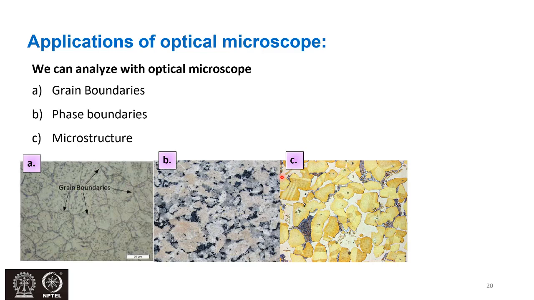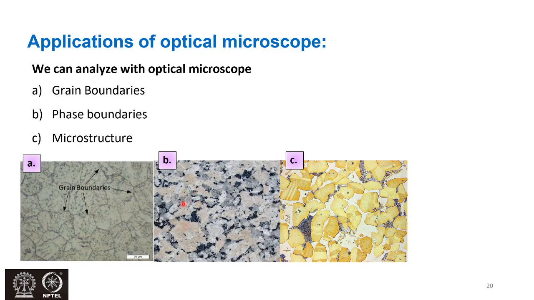Then the application of optical microscopy. Some of the applications I have already told you. For metallurgical samples, we are able to see the grain boundaries in the optical microscope, then phase boundaries also. Because of the crystallinity of the sample, the contrast will be different. Suppose this is a steel sample having different kinds of microstructures, one is the ferrite and another is the martensite or austenite.